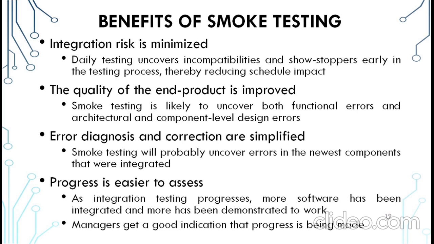If these errors are corrected early, a better quality product will be the result. The third benefit is error diagnosis and correction are simplified. Smoke testing will probably uncover errors in the newest components that were integrated.